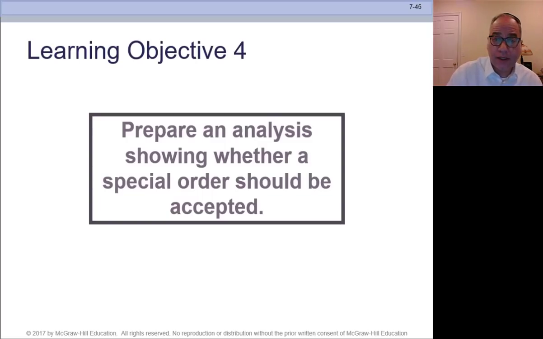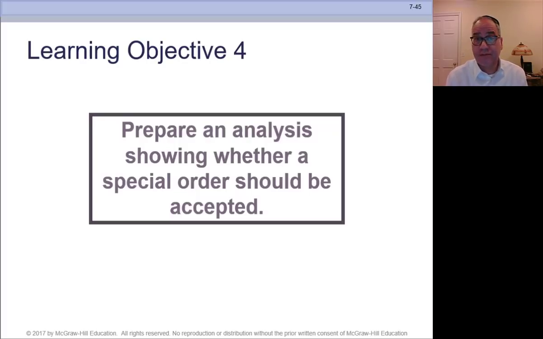Learning objective 4 is to prepare an analysis showing whether a special order should be accepted. So this would be a situation where you have a company doing its regular business, selling what it usually sells, and someone calls them on the phone and says, hey, we would like to buy a special order of a certain number of units. And this is not what you normally make.